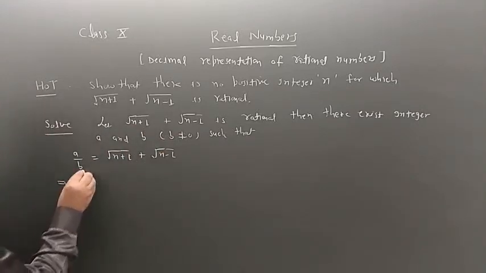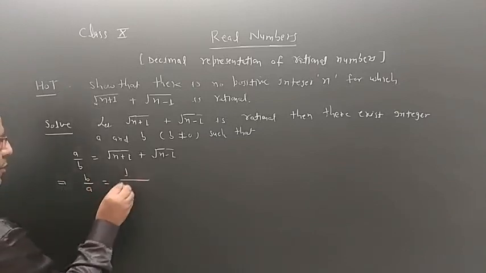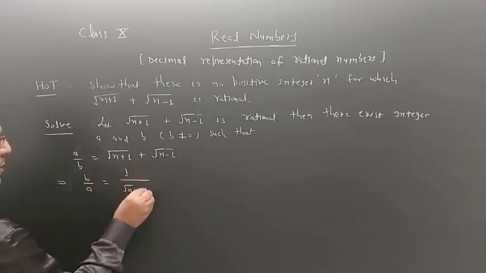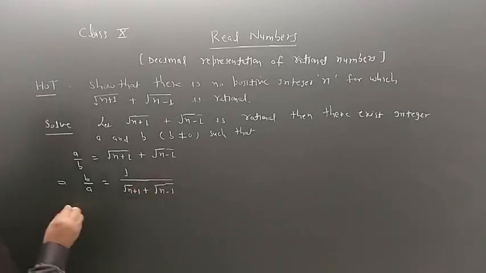This can be written as b upon a equals 1 upon (square root of n plus 1 plus square root of n minus 1).